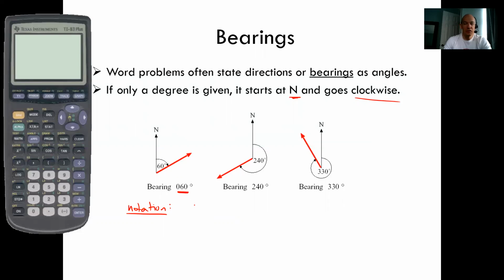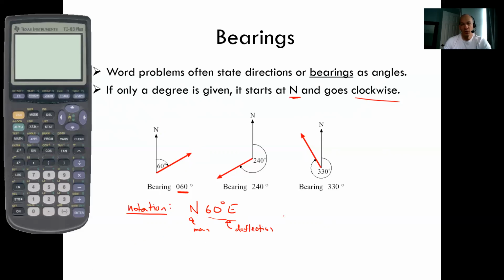What you can say is that you are heading north and then 60 degrees east. I personally don't like that notation, but it is commonly used, where you start with your main direction and then write what you're deflecting off by. So this is the main direction, and this is the deflection away from it.